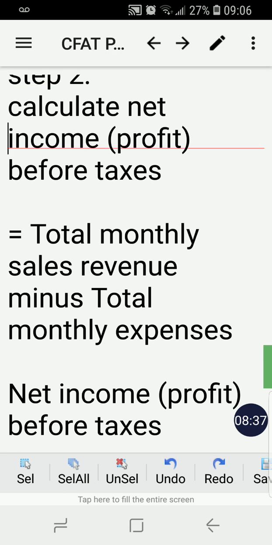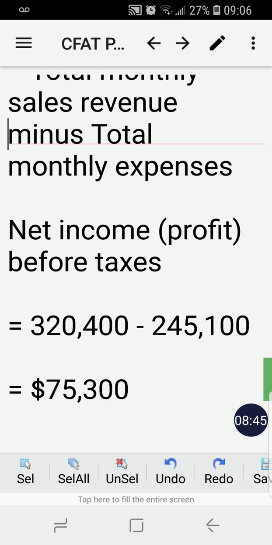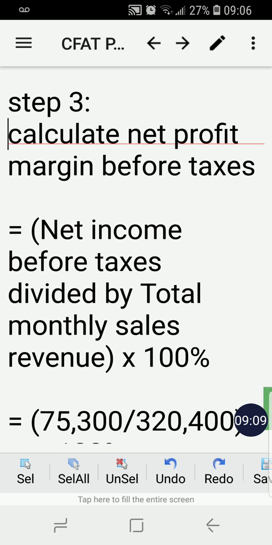So all we have to do is subtract monthly expenses from monthly sales. We subtract 320,400 minus 245,100, and we get a net income of 75,300.